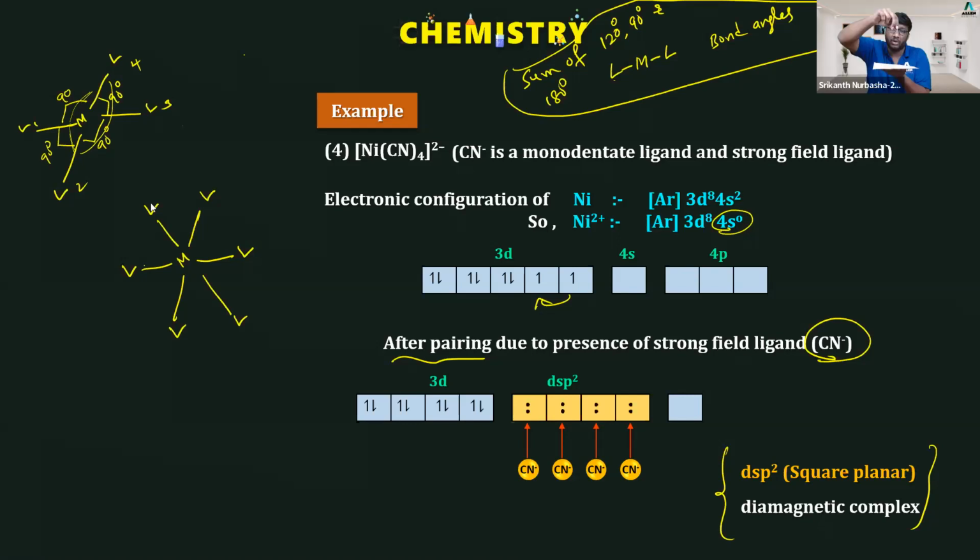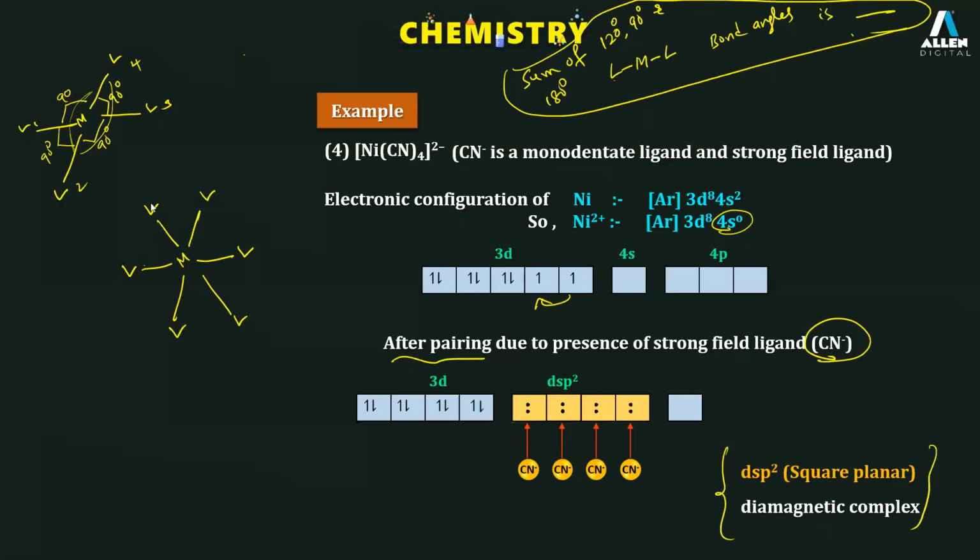The ligand which is above will be forming how many 90 degree angles with these 4 ligands? Ligand, metal, ligand 1; ligand, metal, ligand 2; ligand, metal, ligand 3; ligand, metal, ligand 4. So the top ligand is going to have 4 90 degree angles.